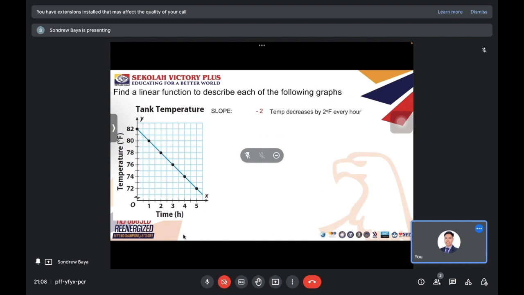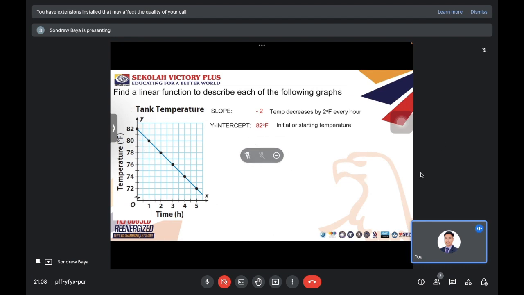That's the change in the x, because this is 2 over 1. So change in x is 1. And then in the graph, you could also see that the y-intercept is 82 degrees Fahrenheit. This means that the initial or the starting temperature, even before time started to work, is already at 82 degrees Fahrenheit.